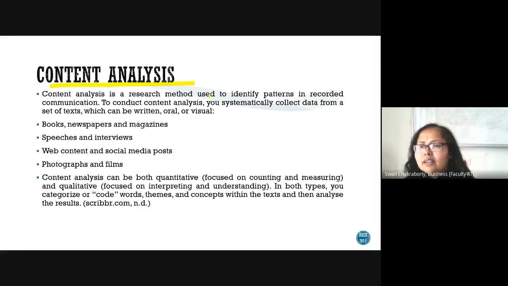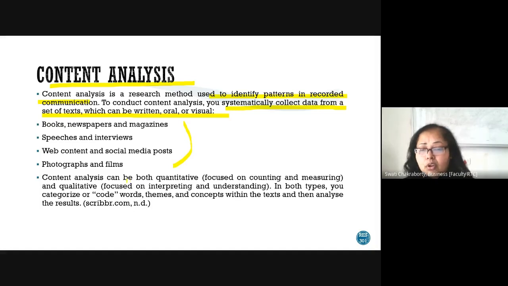Content analysis is used to identify patterns in recorded communication. To conduct a content analysis, we have to systematically collect data from a set of texts, which can be written, oral or visual: books, newspapers, magazines, speeches, interviews, web content, social media posts, photographs, films.